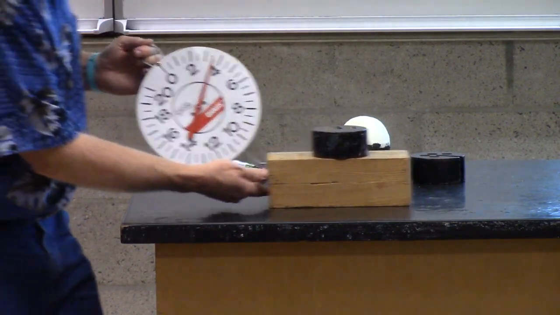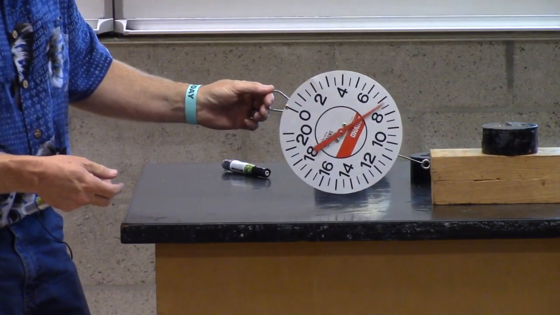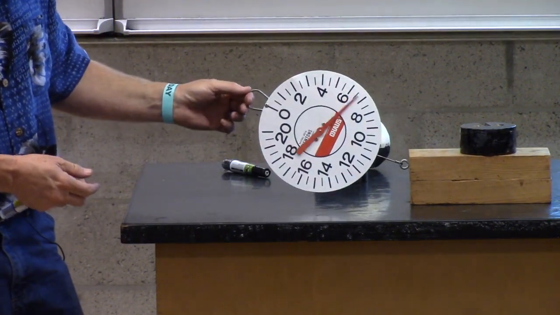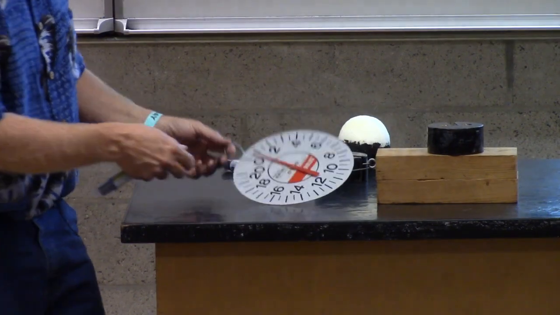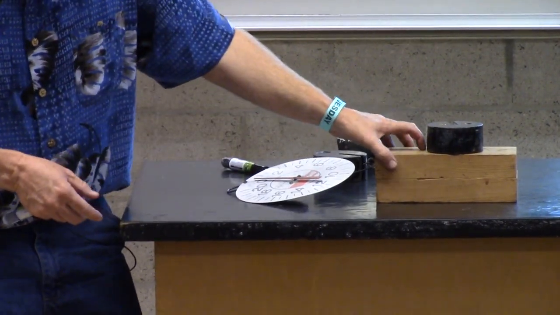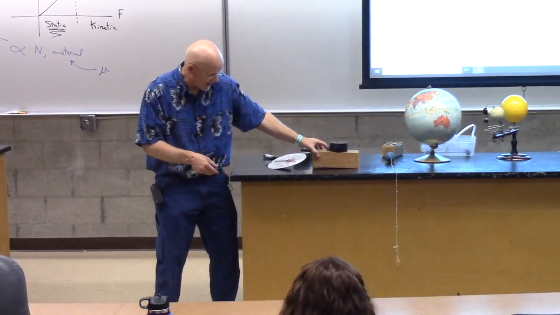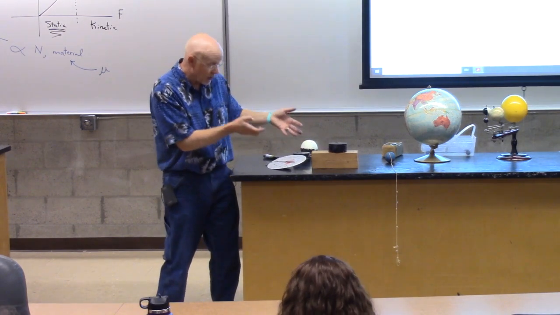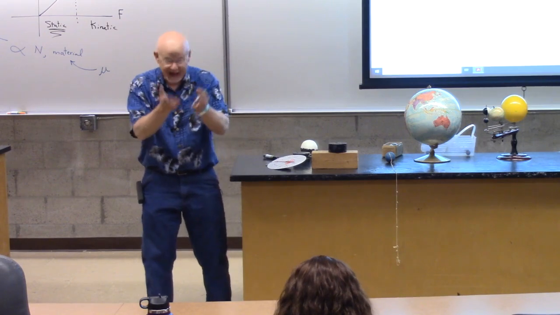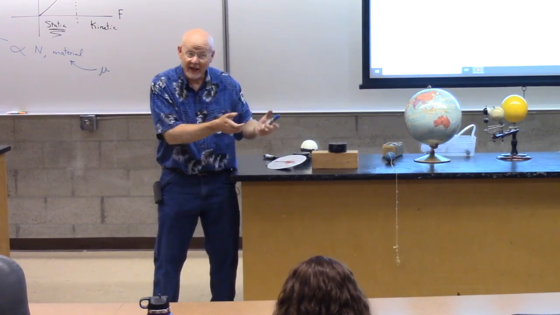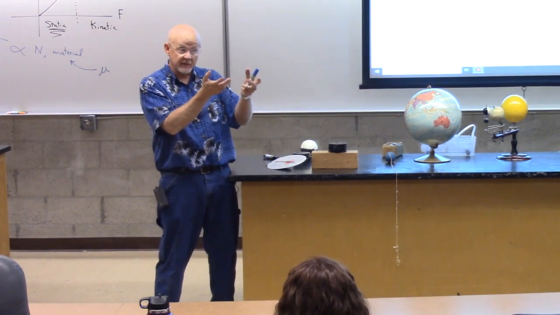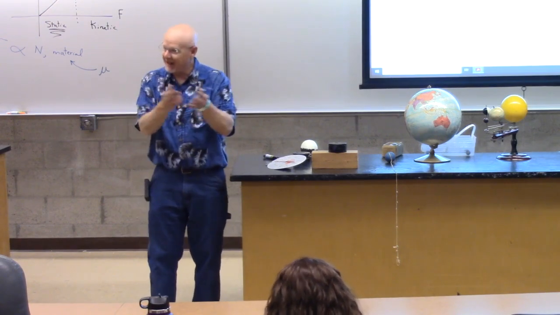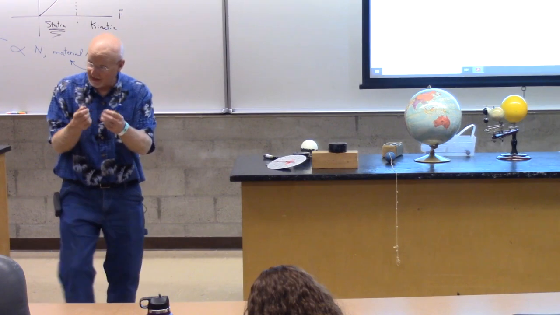Well, that's not quite what I wanted to show. But what I wanted to indicate here is I could have another force that is slightly up, and that way, again, the normal force does not necessarily equal the weight. What has to come out to be 0 is all the upward and downward forces. And so if I have a force that has a component that is upward, it doesn't equal it.